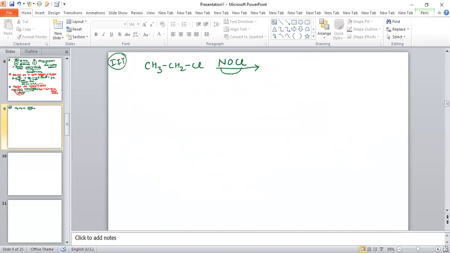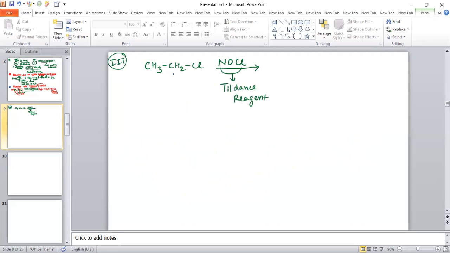You already know the name of this compound. What is the name of this compound? This is Tilden reagent. So this NOCl we call Tilden reagent. Now arrange this NOCl in this fashion. You know how to arrange this NOCl.